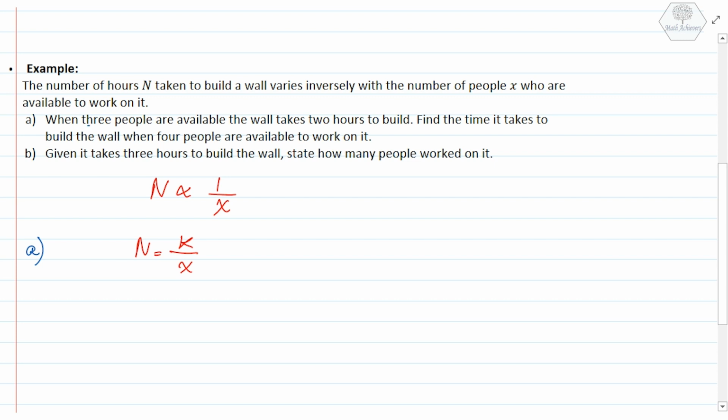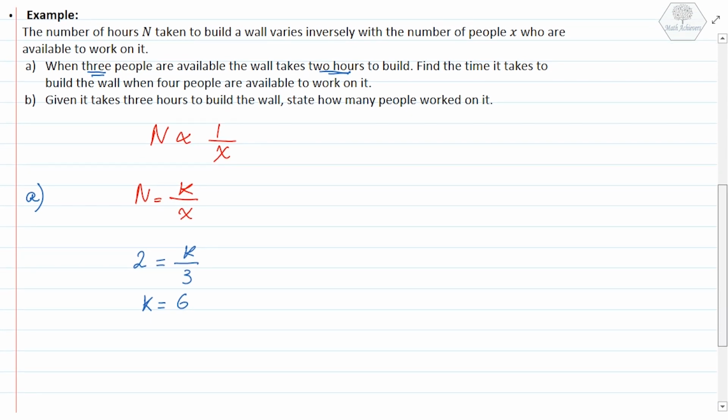It's known that when the x value is 3, the time taken to build the wall is 2 hours. So I have 2 is equal to k over 3, having the value of k to be equal to 6. So by this, I know that n is equal to 6 over x.